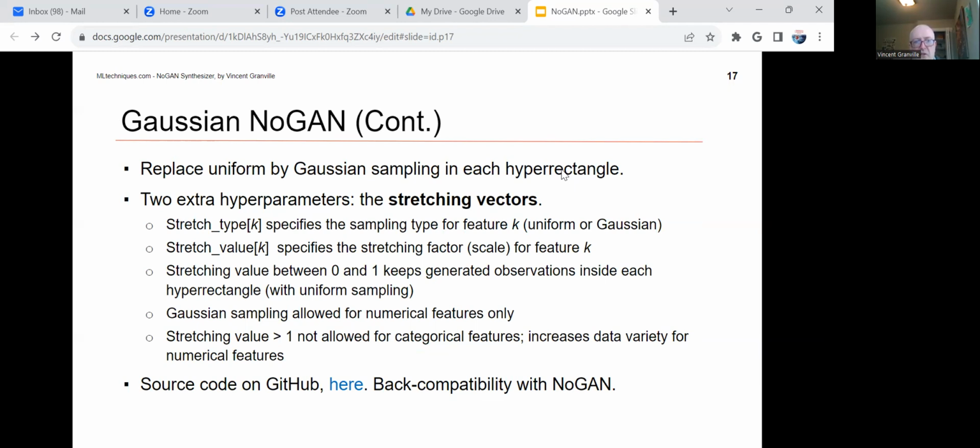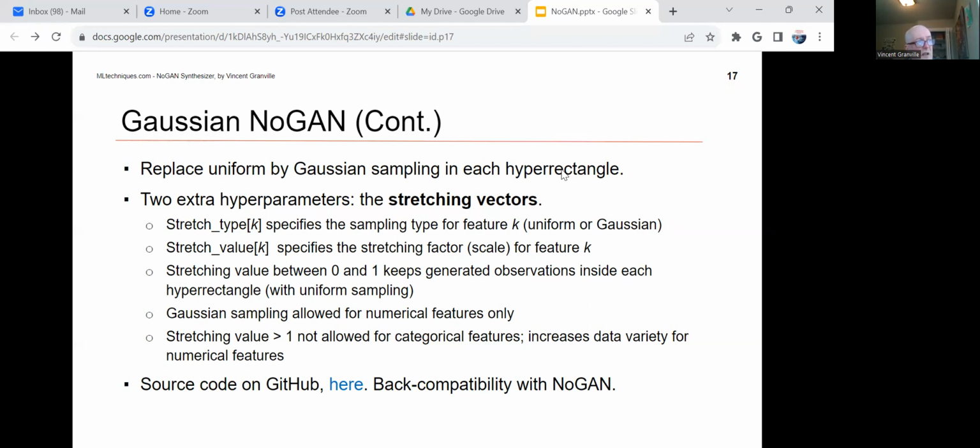I don't have the time here to explain the details about this Gaussian NoGAN. It comes with 2 extra parameters, so more fine-tuning is possible. And like everything else, there's Python code available on my GitHub repository that everybody can use.